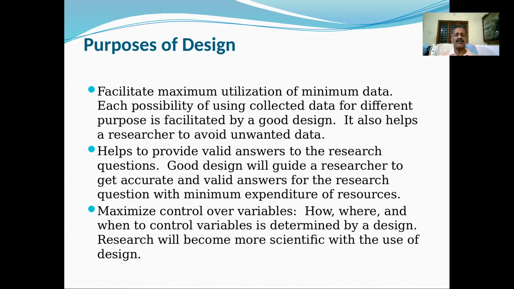So that's a very good design. That's why we call that a good design. So good designs help the researcher to have maximum control over variables. How, where and when to control variables is determined by a design. Research will become more scientific with the use of good designs.